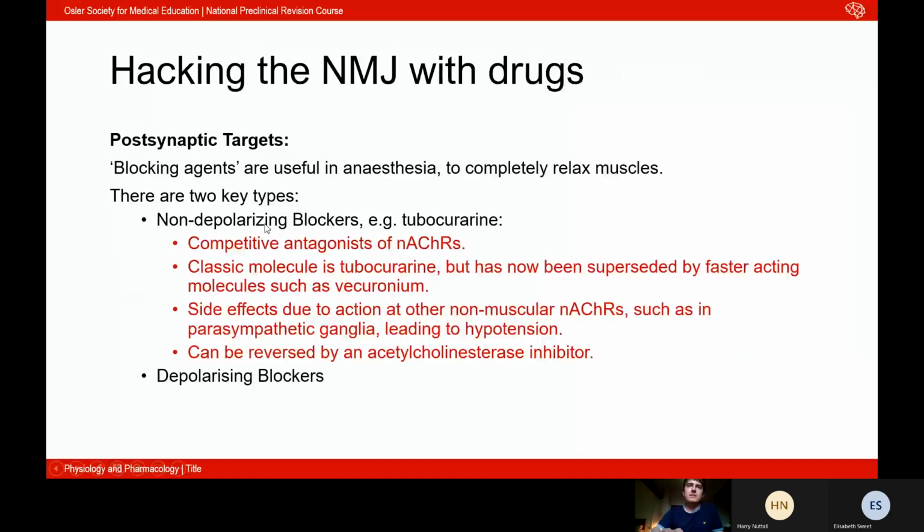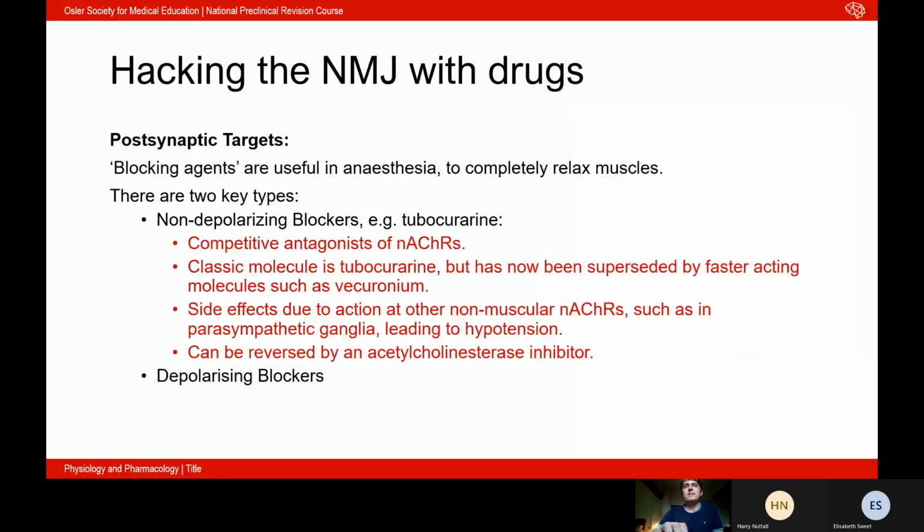To start with, the simpler concept of the non-depolarizing blockers is exemplified by tubocurarine, which is from a toxin that used to be used in combat arrows, but has since had therapeutic use.